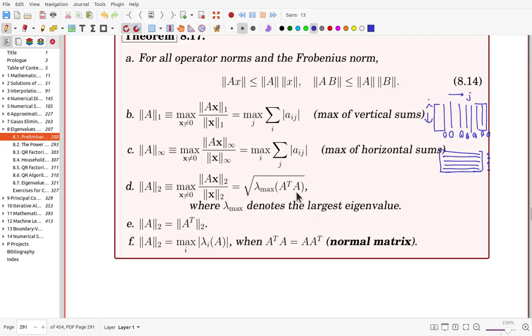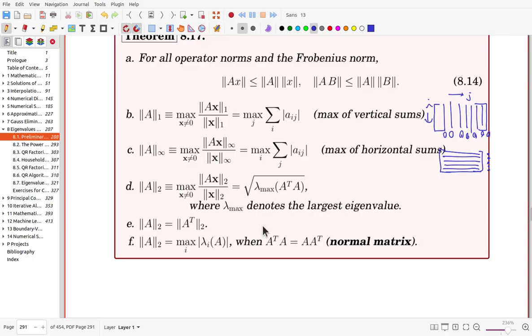For this matrix, the eigenvalues are always real and non-negative, so you can just choose the maximum of these eigenvalues and take the square root. And in the two norm, the matrix A two norm is the same as the A transpose two norm.